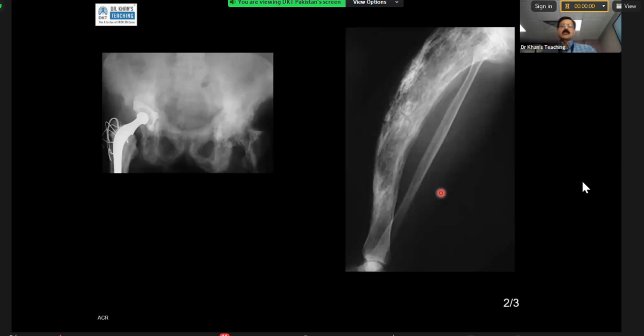Insufficiency fracture is normal stress causing a fracture on abnormal bone.